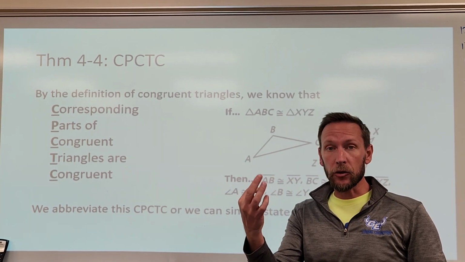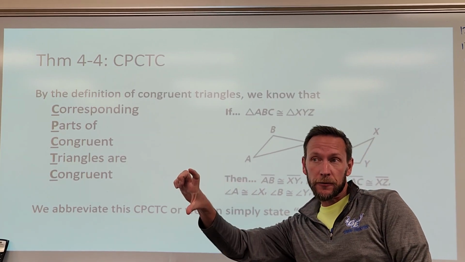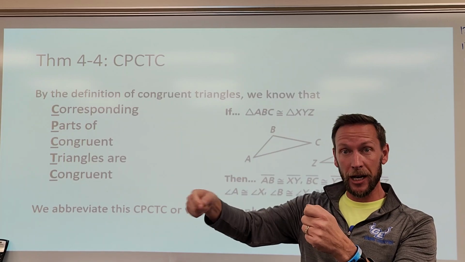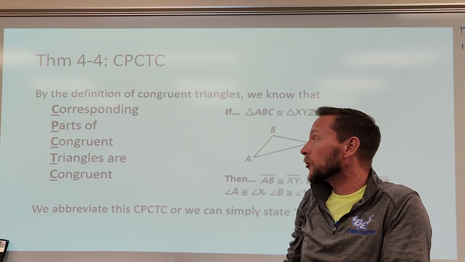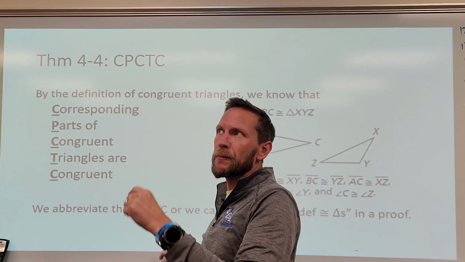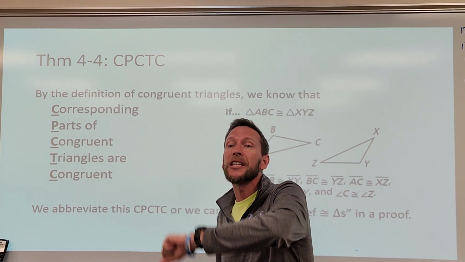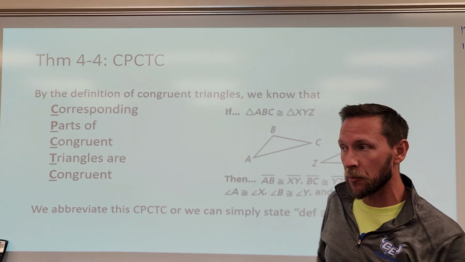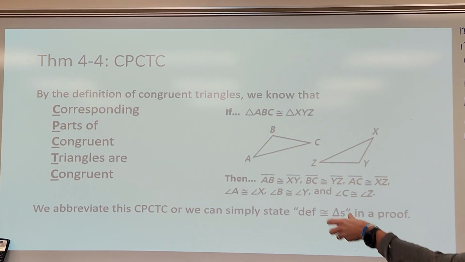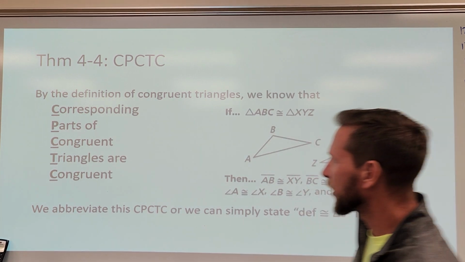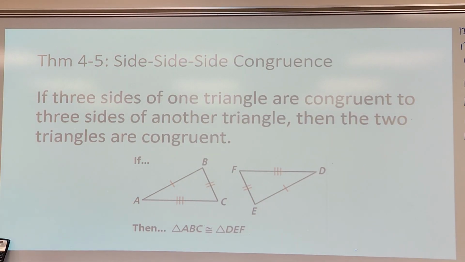So if we're using side angle side, I've used 2 pairs of congruent sides and 1 pair of congruent angles, but I have another pair of congruent sides and I have 2 other pairs of congruent angles. So I can use the fact that the triangles are congruent, now that I've proven them congruent, to show that the other 3 pairs of corresponding parts are also congruent. So that's why this becomes useful. It kind of seems like a non sequitur in the middle of the conversation, but that is how we will apply CPCTC.